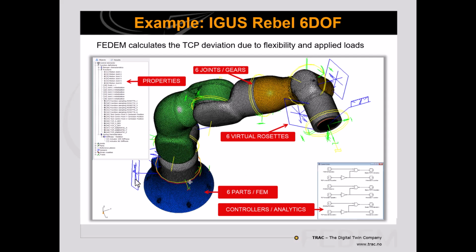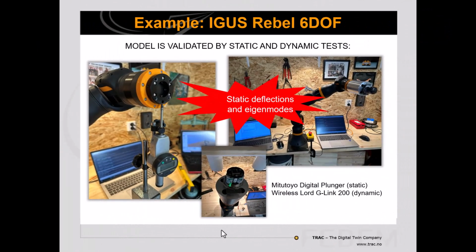In addition, I added some virtual strain gauges to demonstrate the ability to calculate strain and stress time histories in real time. The mass, stiffness and damping properties of the IGUS model was validated through static and dynamic tests, as shown on this slide. And the accuracy I obtained was 0.1 millimeter.